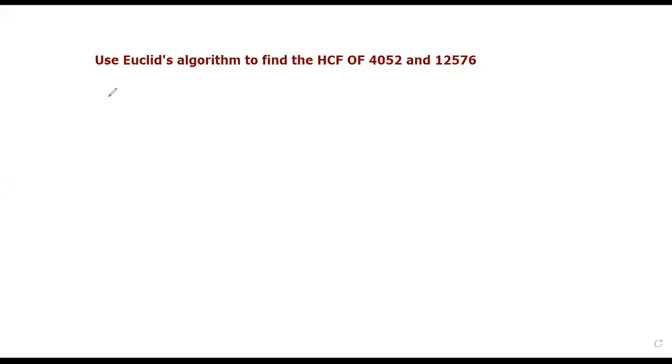But here, the first step is, since 12,576 is greater than 4,052, A will be equal to 12,576 and B will be equal to 4,052.